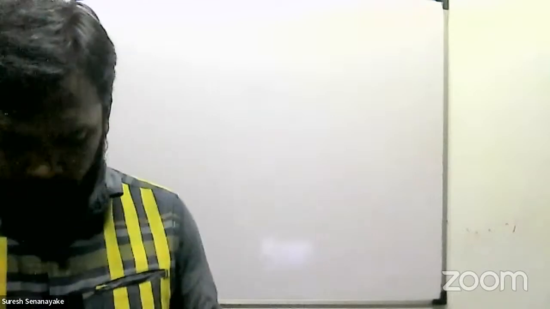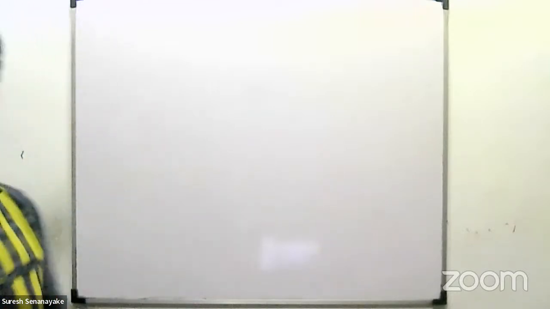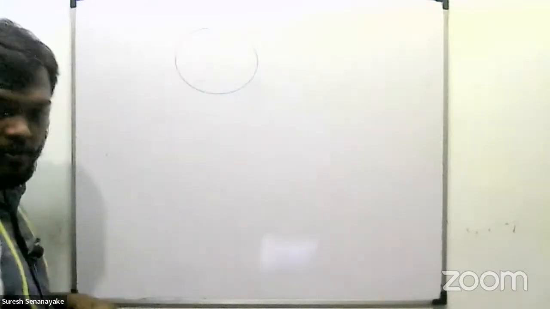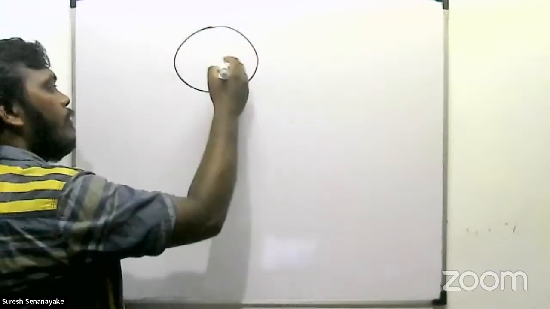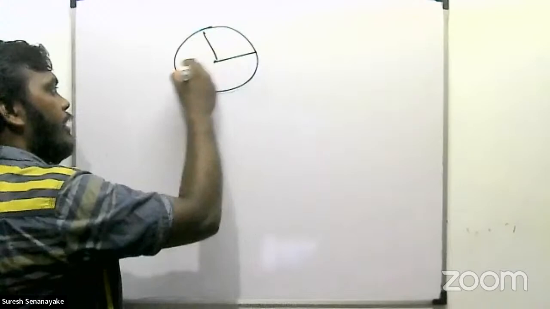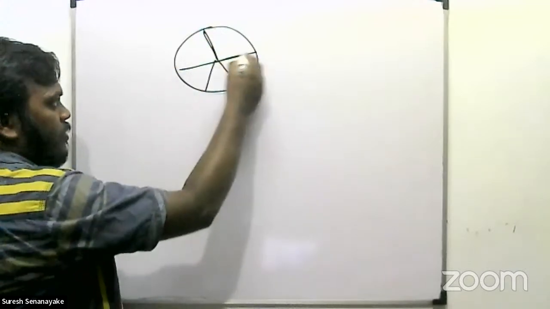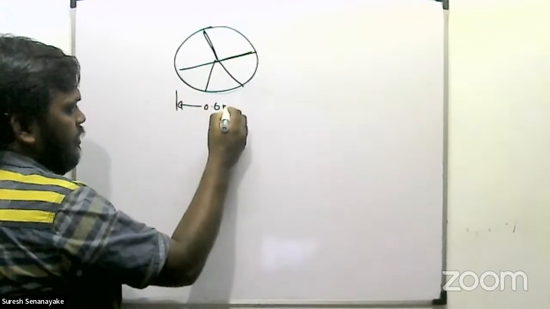Okay, then, you can see the wheel like this, and then with the 5 spokes there. The one spoke has a length, and the diameter is 0.6 meters.